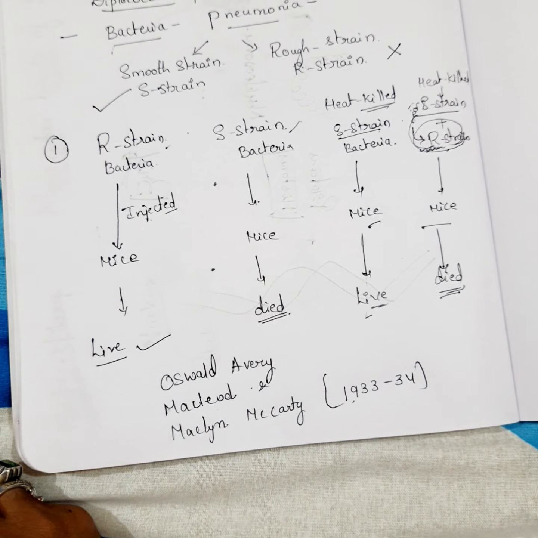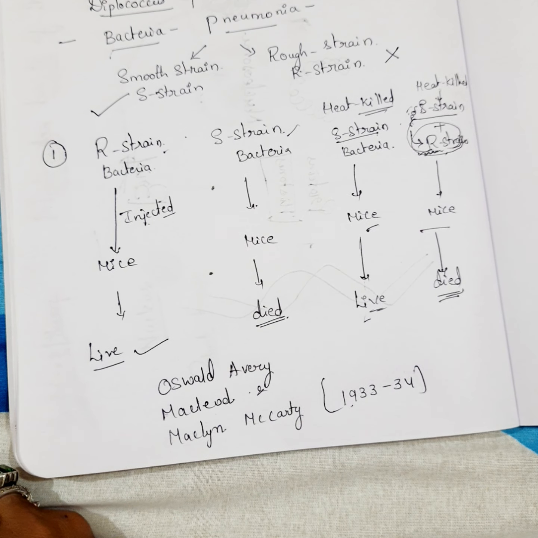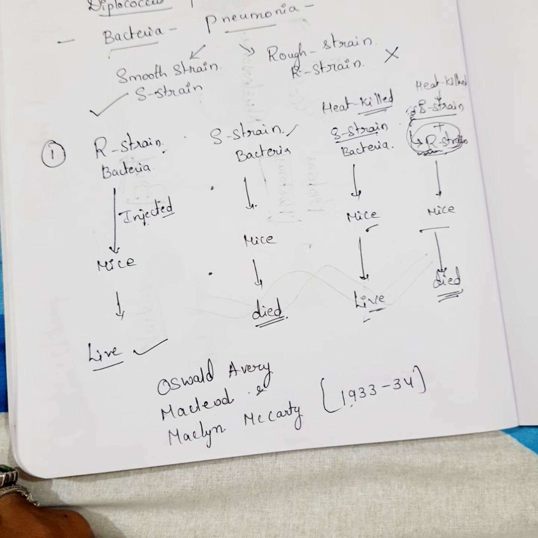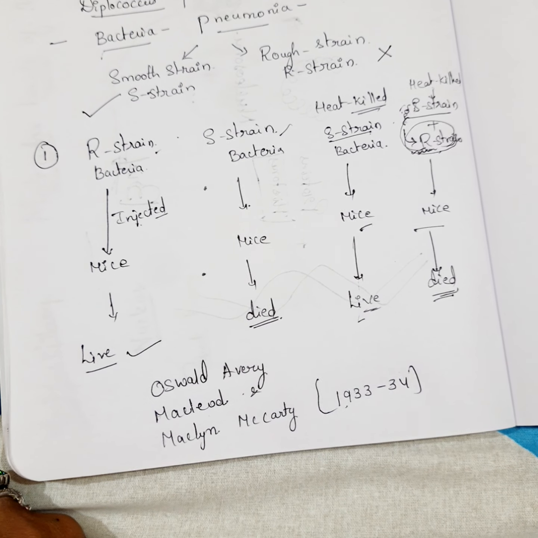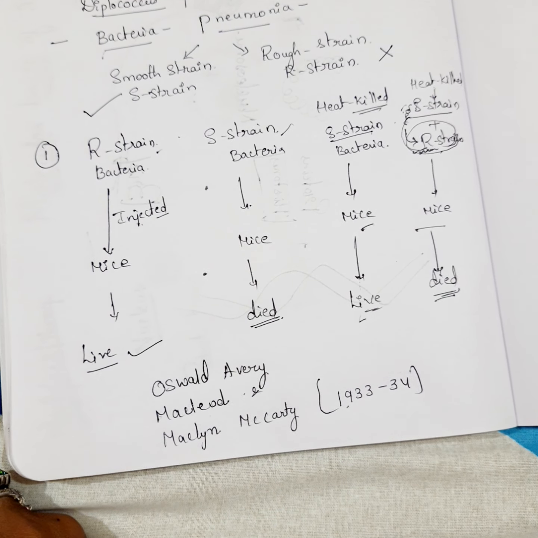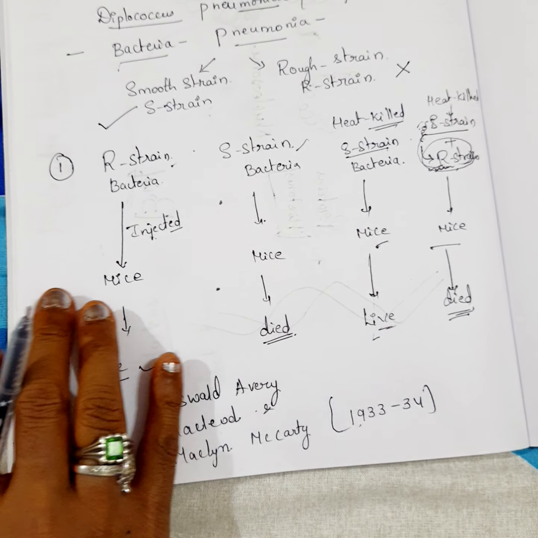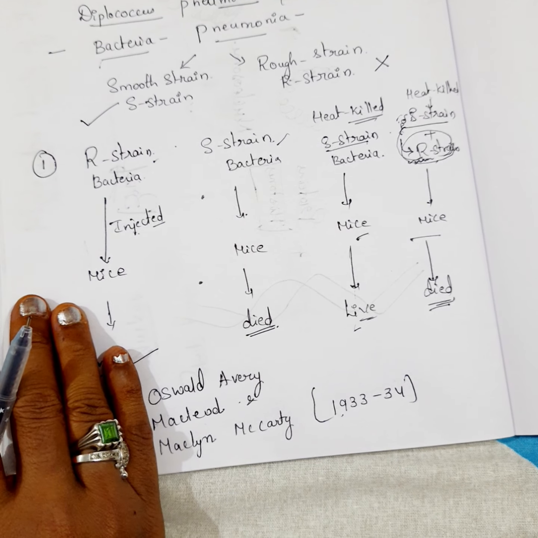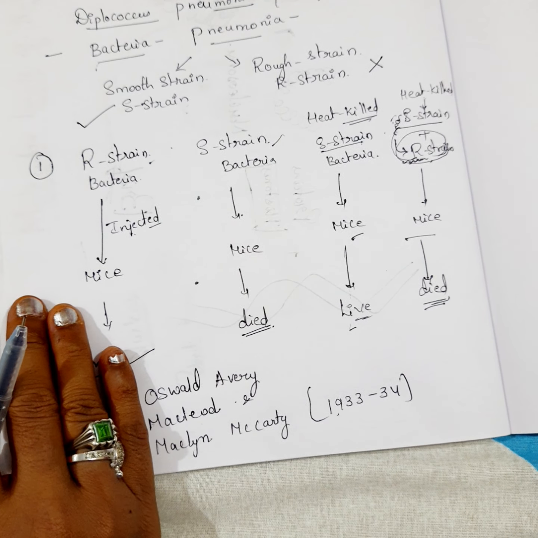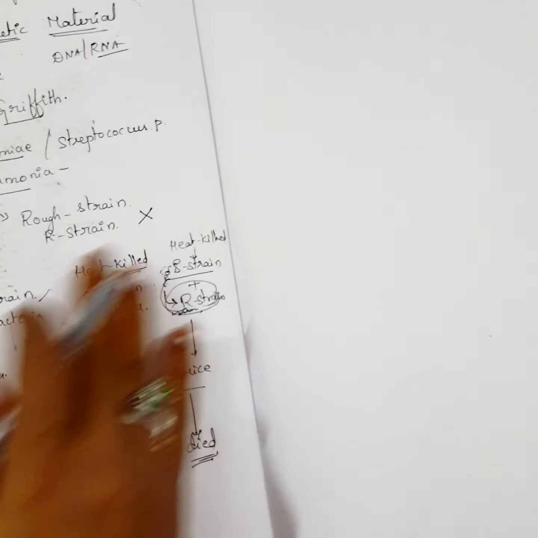They purified biochemicals such as proteins, DNA, RNA, etc. from the heat killed S cells to see which one could transform the live R cells into S cells. So they discovered that DNA alone from the S bacteria caused the R bacteria to become transformed. How did they perform this?